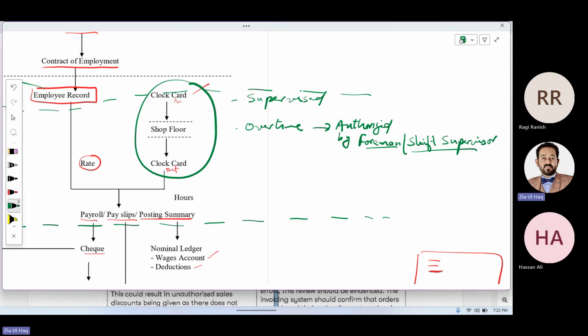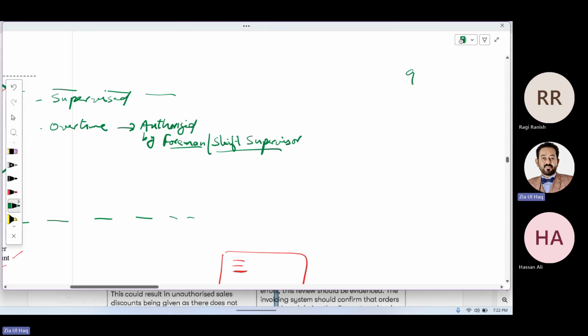Otherwise, employees might be going late from work and scanning after late hours, but haven't performed any overtime. Like, the employees' normal shift is 9 to 5. How many hours? 8 hours. If at 5 o'clock an employee finishes work, he goes to the canteen.